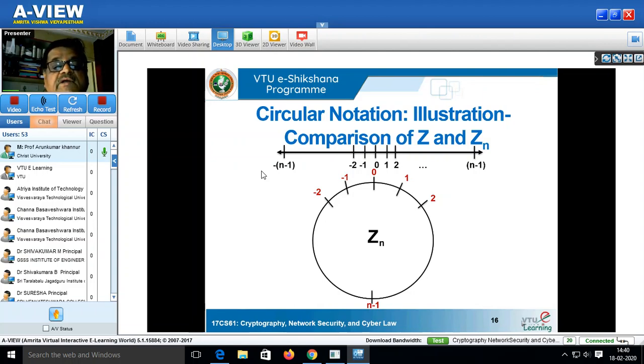Earlier we represented the set of integers Z, moving from minus infinity to plus infinity, using a straight line: minus 2, minus 1, 0, then moving towards the positive side, 1, 2, 3 and up to n minus 1.